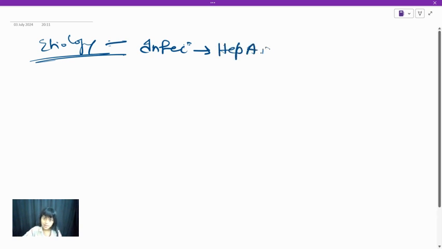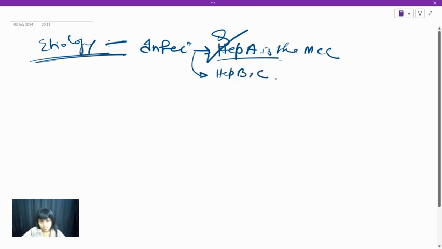Hepatitis A is the most common cause of acute liver failure in children, asked in MCQ as well, right? And what are the other infective causes? So yes, hepatitis B, hepatitis C, herpes simplex virus, adenovirus, enterovirus, and so on, right? So this is the infective cause. What are the other causes?